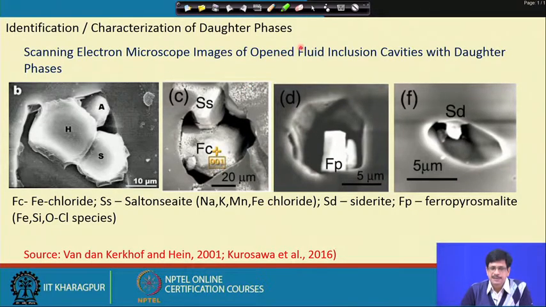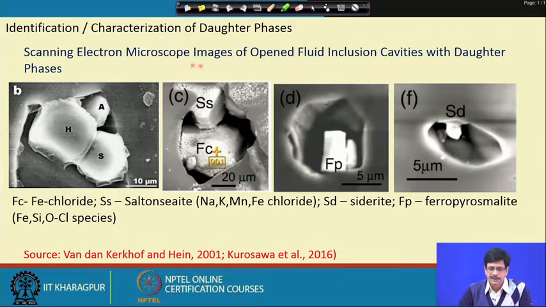So, one of the ways to identify and also to have semi quantitative information about the daughter crystal is to study them in a scanning electron microscope. As we know, a scanning electron microscope is essentially a method which gives the characteristic surface features, just about a few nanometers deep.